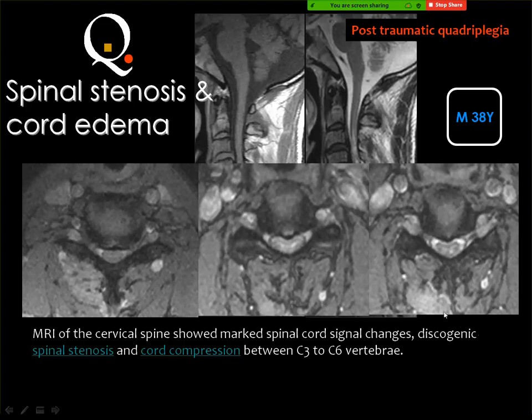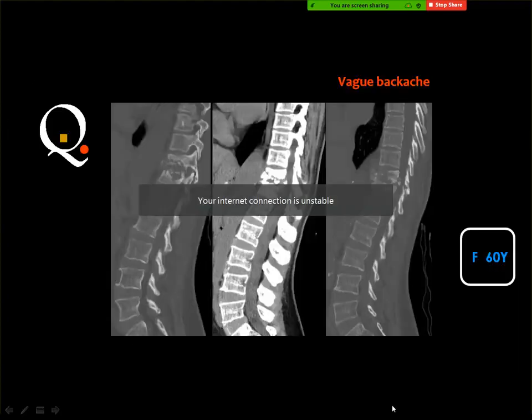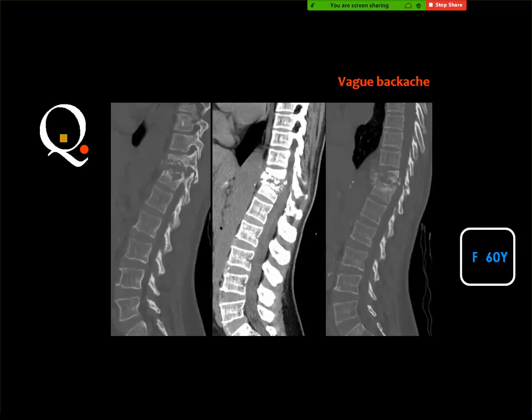Then, because the patient had spinal canal stenosis and was subjected to trauma, the effect on the cord was severe, and the patient developed multiple segmental areas of cord edema. Next case.